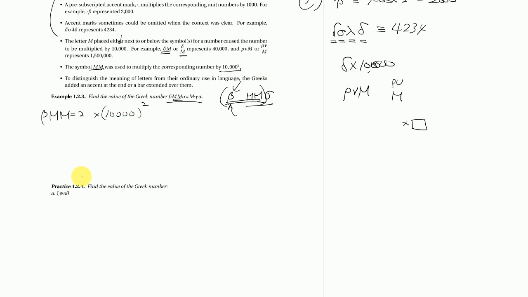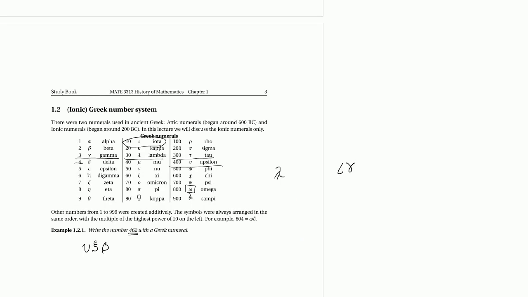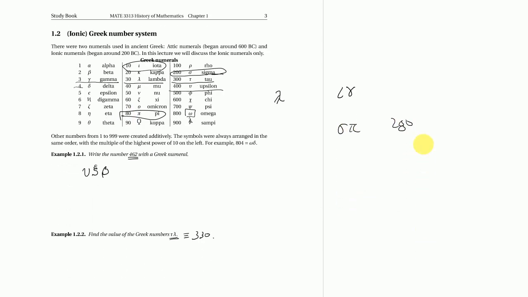And after that, sigma, and by that, pi and M, right? So that's the next group. Okay, so what is sigma and pi? Sigma is for 200, right? And pi is 80. So sigma pi should be 280 only.